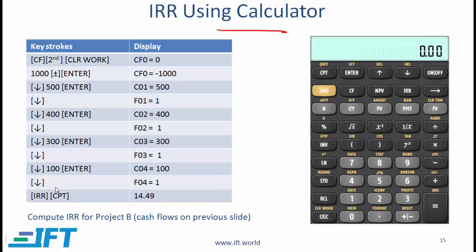So once you've entered all the cash flow, then hit IRR and compute, and the calculator gives you the IRR. Just once in your life, you can then go plug this rate into the long-winded formula and convince yourself that it works. For practice, I want you to compute the IRR for project B because you need to be very comfortable using the calculator. The answer you should get is 11.79%.